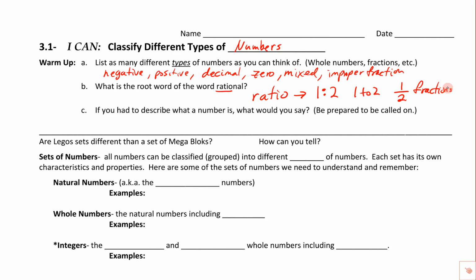And then the last part here, it says if you had to describe what a number is, what would you say? And then be prepared to be called on in class. So if you're listening to a live lecture here, you'd want to be on your toes and be ready to describe what a number is.